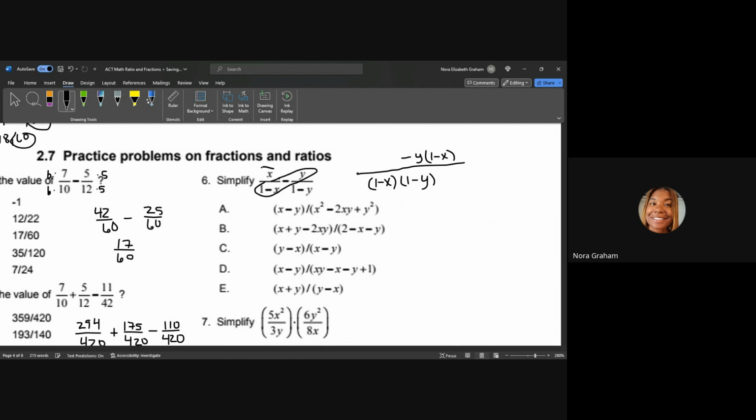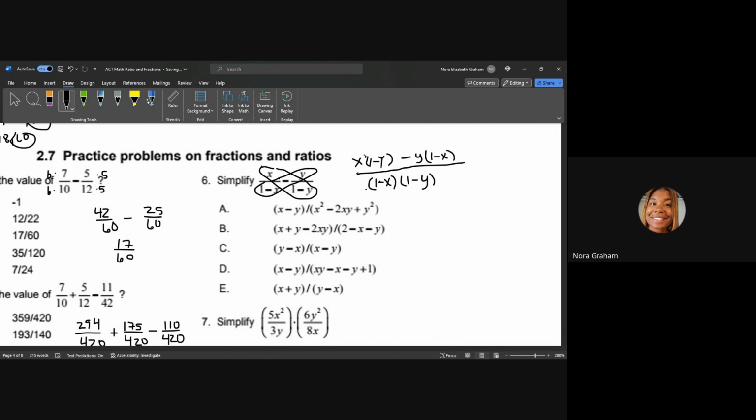And then when I cross multiply this way, I have x times 1 minus y. Oh, my mouse is acting up, sorry. All right, so after we do that out, now for this portion, let's deal with the bottom first.